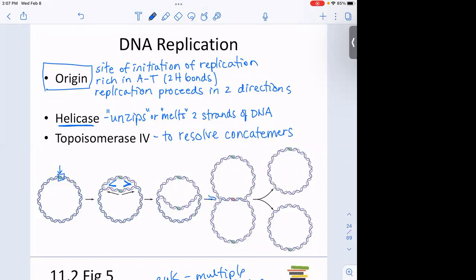And so you'll see here in this step, once replication is completed, those 2 rings that are left are actually linked to each other. And it's hard to kind of wrap your head around how that would happen exactly. But again, that's when 2 circular genomes are linked.